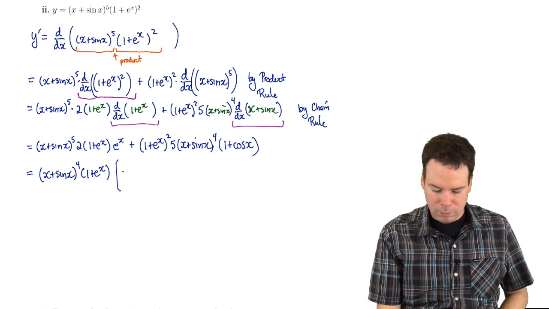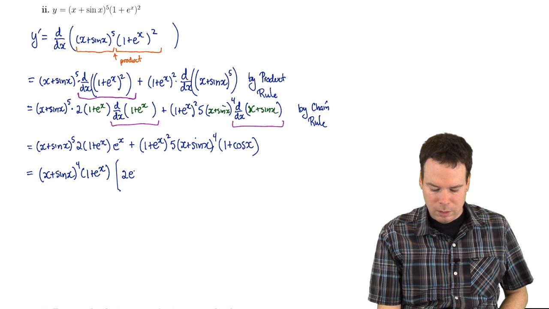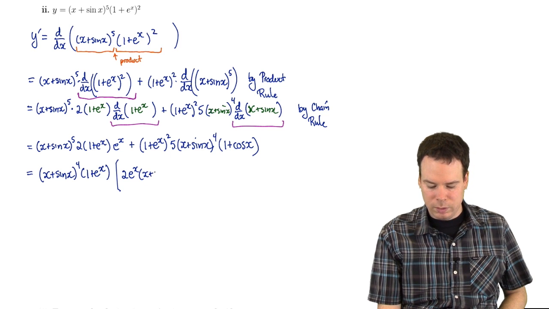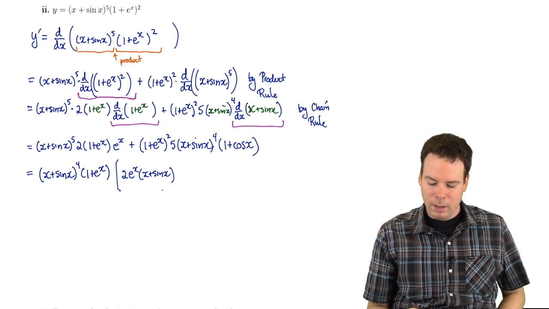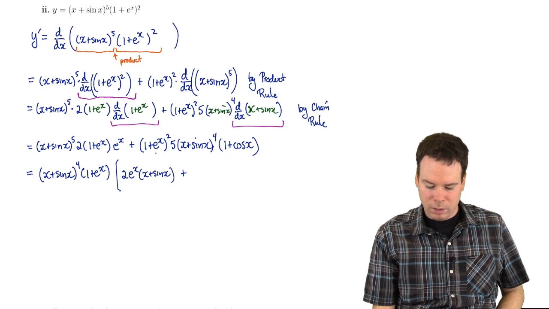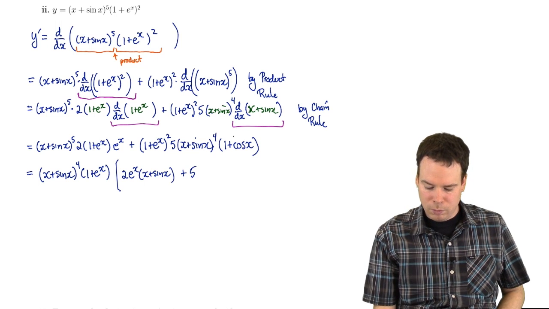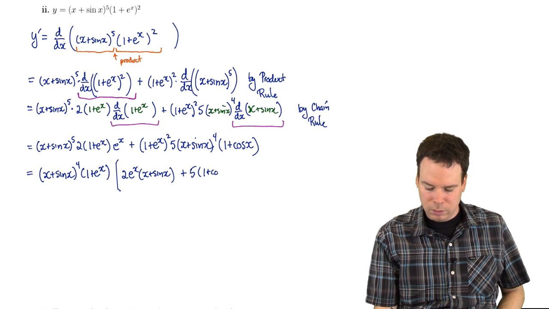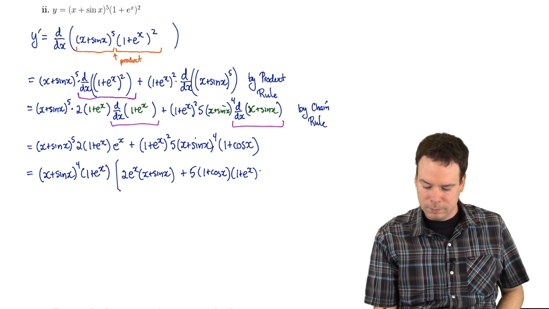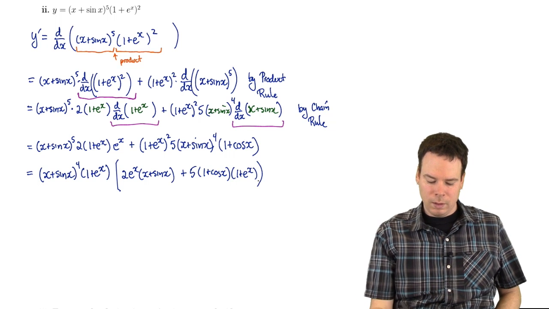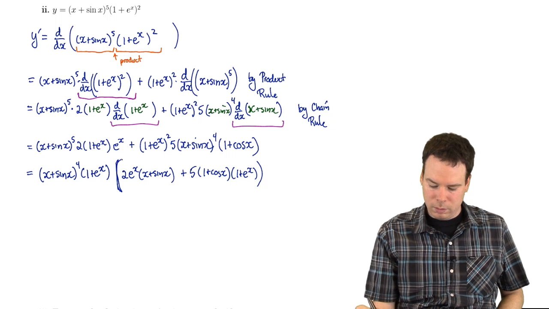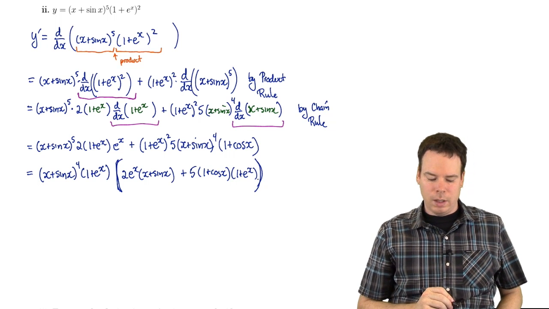Well, in the first term, I'm left with a 2e^x(1 + x + sin x), (x + sin x). And in the second term, I'm left with a 5, I'm left with a (1 + cos x), and I'm left with a (1 + e^x). And so there is our derivative.